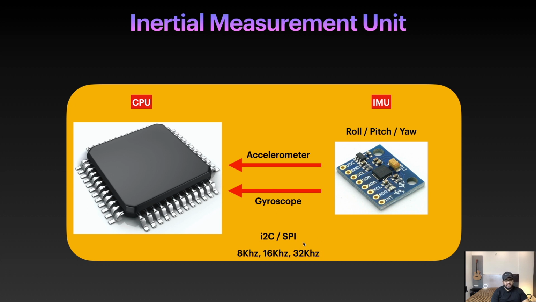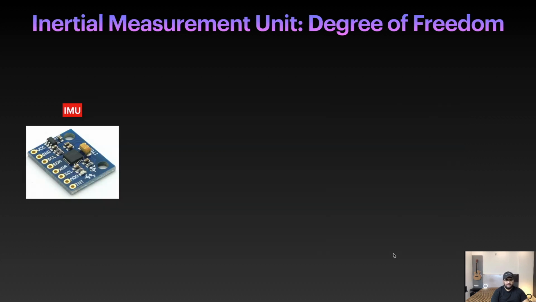The overall thing happening here is that the more data, the more information the CPU has to process, which might sound counterintuitive, but actually more data is useful. If you are sending more data, then you know more precisely where your drone is at one particular instance. That is why you need an IMU with higher data rates.